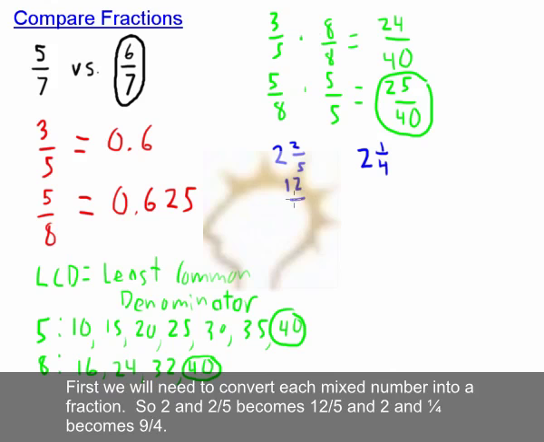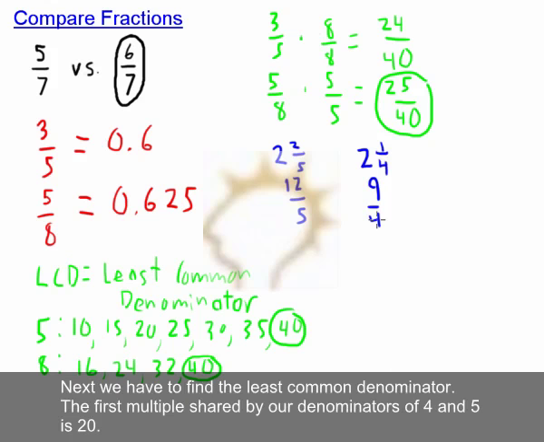So 2 2/5 becomes 12/5, and 2 1/4 becomes 9/4. Next, we have to find the least common denominator. The first multiple shared by our denominators of 4 and 5 is 20.